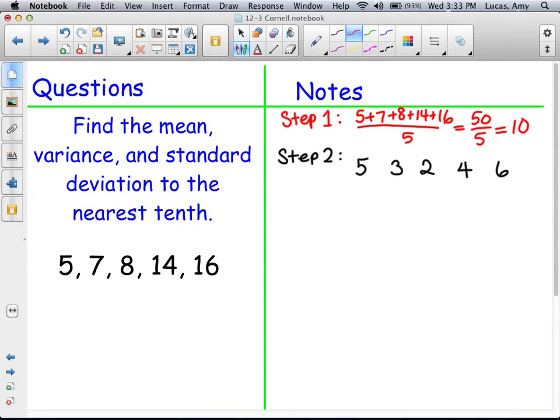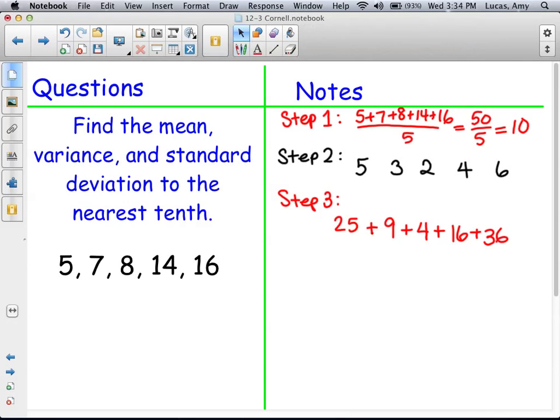Now on step 3, remember we have to square those before we add them together. So squaring those gives me 25. 25 plus 3 squared is 9, 2 squared is 4, 4 squared is 16, 6 squared is 36.